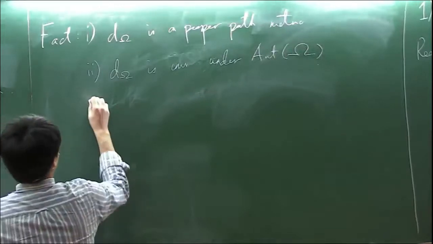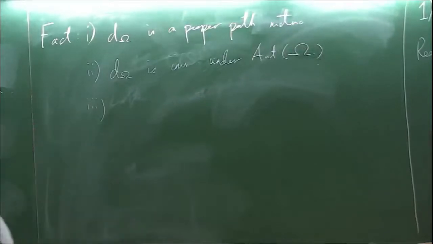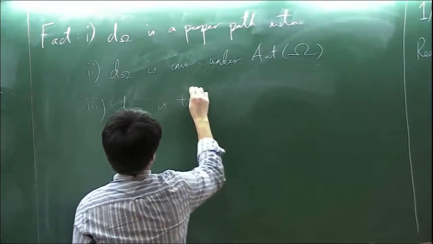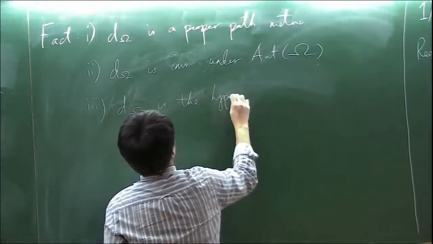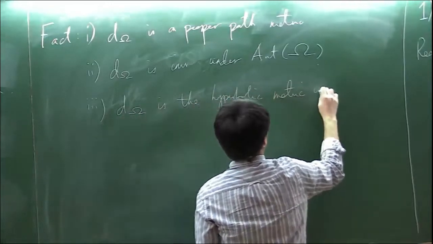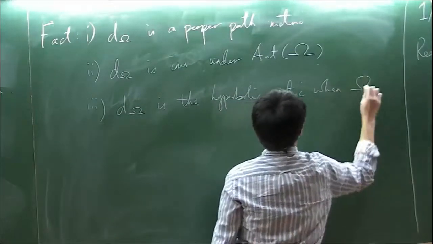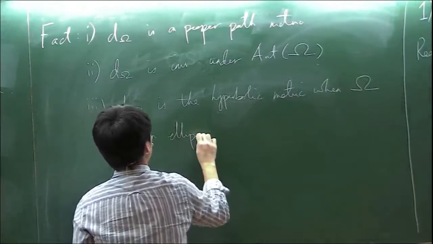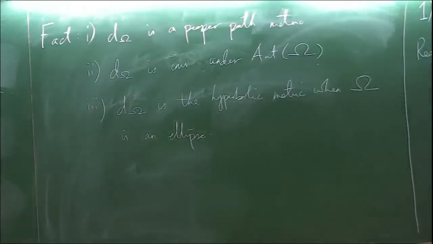And finally, for this I need to put a half here: this d omega is the hyperbolic metric when omega is an ellipse. So this is a generalization of what you saw in that fact over there.